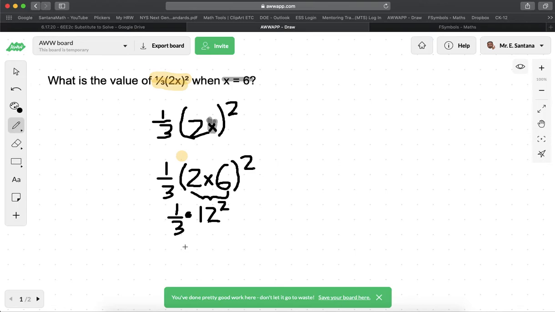The next part of PEMDAS, or the order of operations, is E for exponent, and we do have that. The 2 here means that we're going to multiply 12 by itself twice. That's what this means. 12 times 12, which is 144.